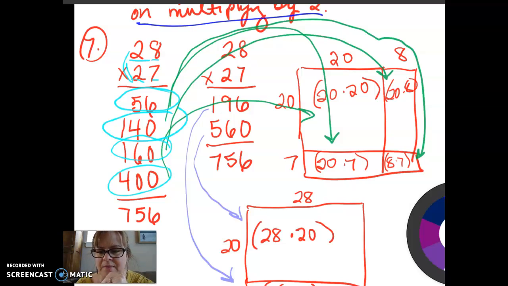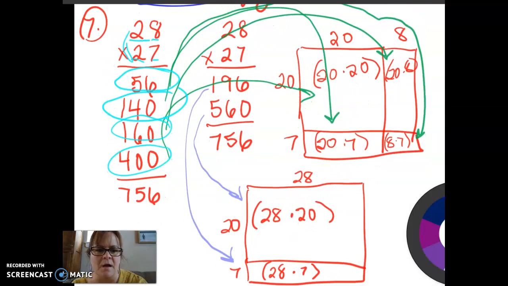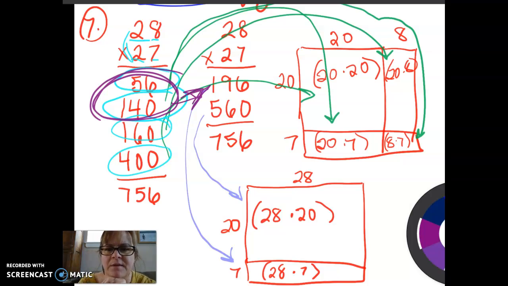Yes, I agree, you could make that argument, but both of these methods are in the standards that we're required to teach. So it's important that we understand that. Just to remember, these 2 steps in the partial products multiplication are combined into one in the standard algorithm, and these 2 steps are combined into the second step.